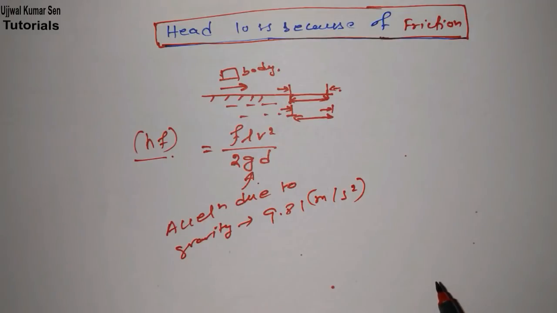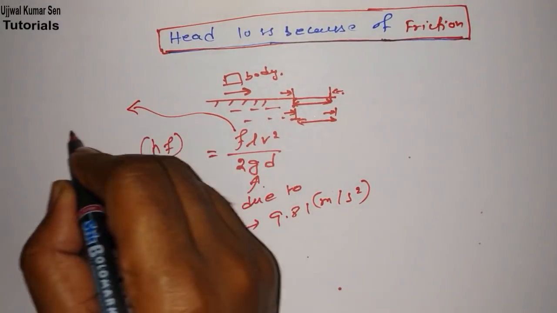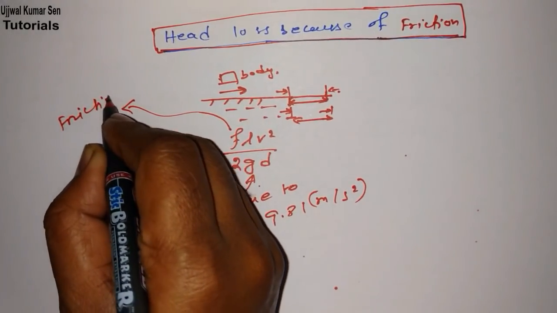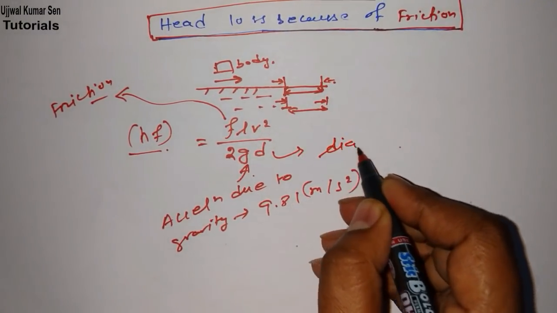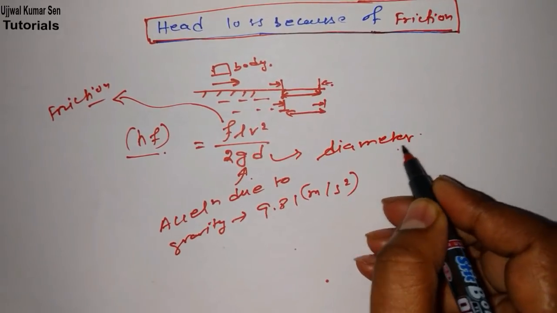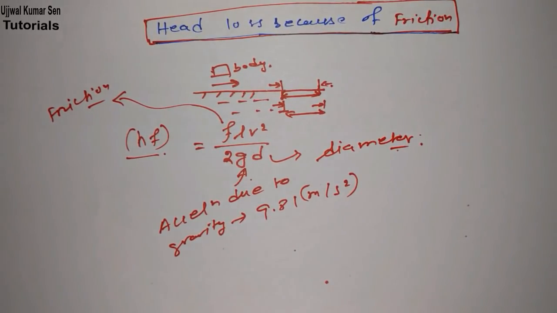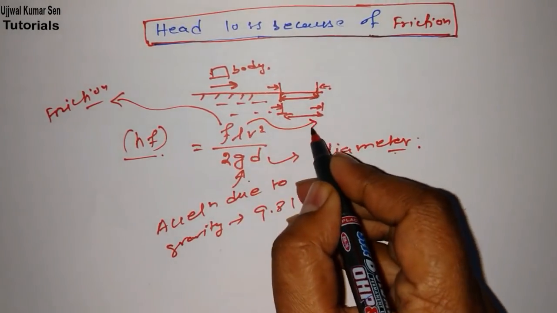One more thing, don't forget to understand the unit of everything. This is known as the friction factor, and it does not have a unit, right? And D is the diameter of the pipe through which the fluid is flowing. Now L is the length of the pipe.